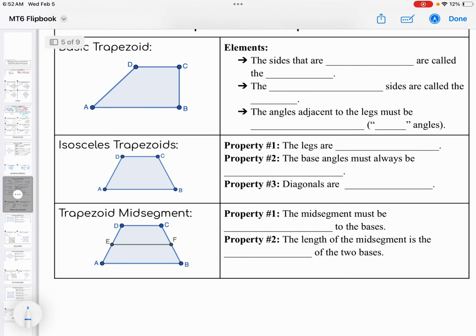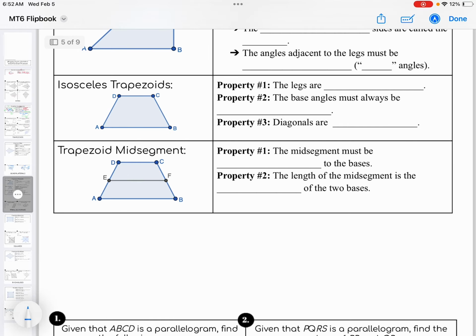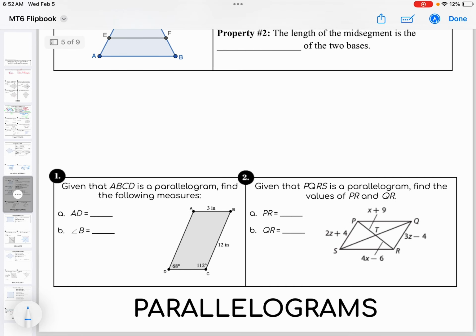So now let's talk about the examples that are on the bottom of the page for parallelograms. Okay, so just as a quick review, like parallelograms, we know that the opposite sides are congruent. We know that the opposite angles are congruent. We know the adjacent angles are supplementary. All of those properties we already know.